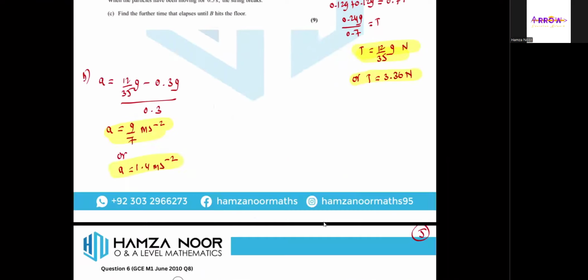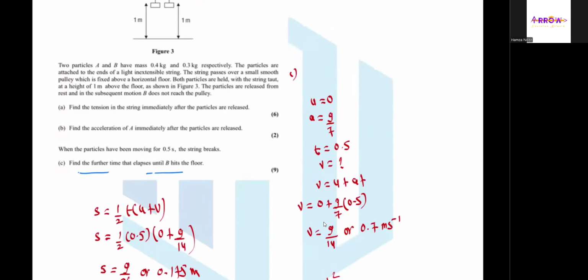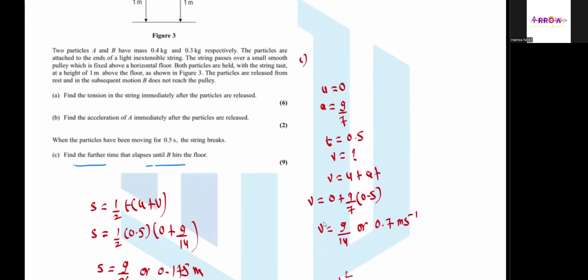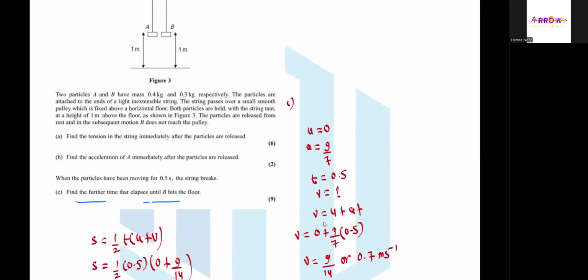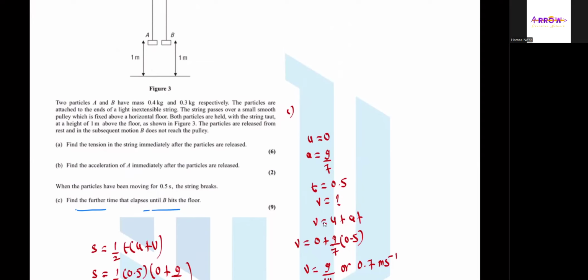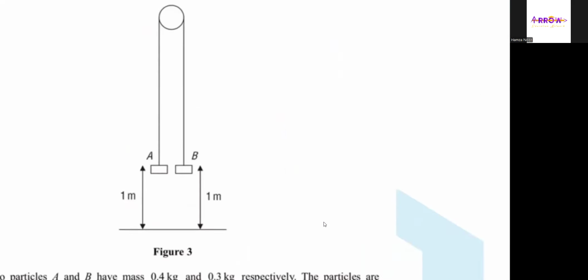So here is a solution for part C. First thing first, before the string cuts, I wanted to find the speed of the particles. The speed of particle A after a duration of 0.5 seconds would be the same speed as particle B after the duration of 0.5 seconds.